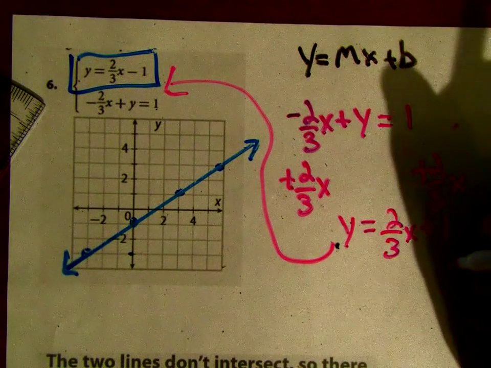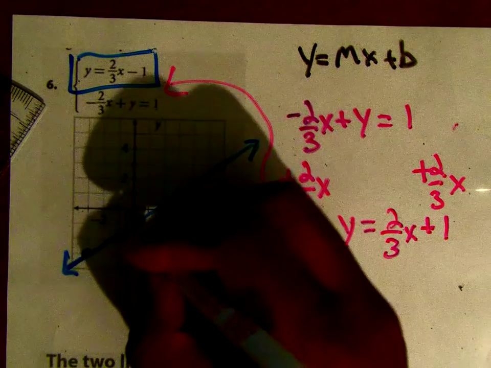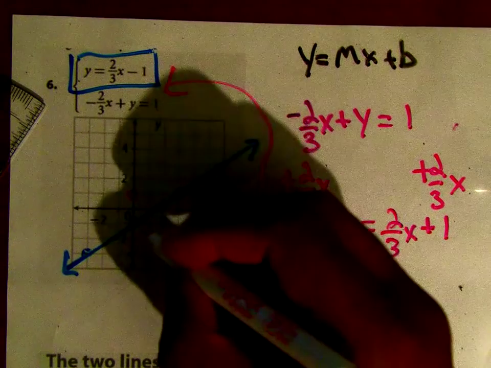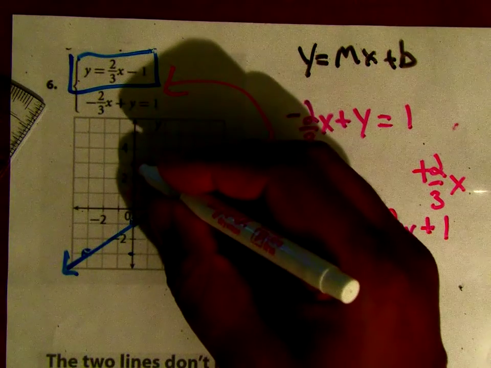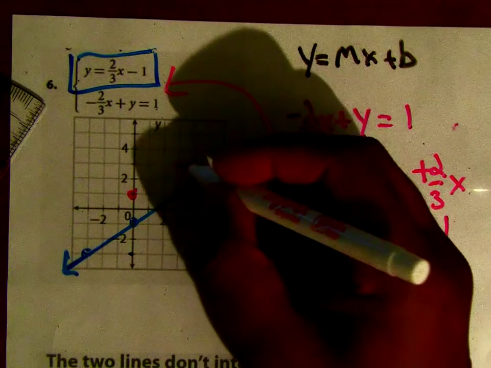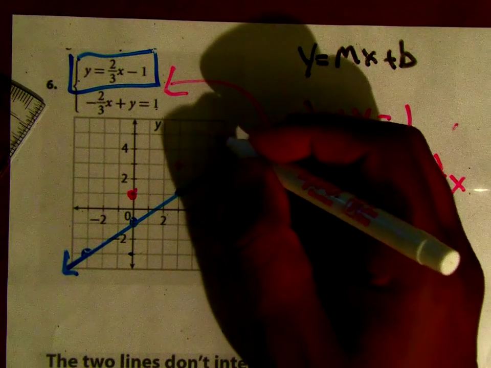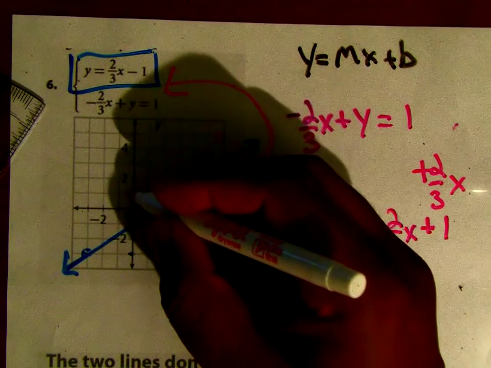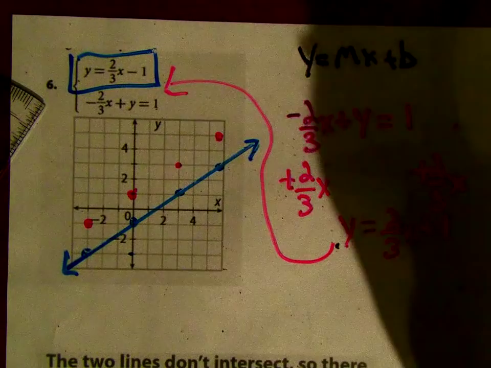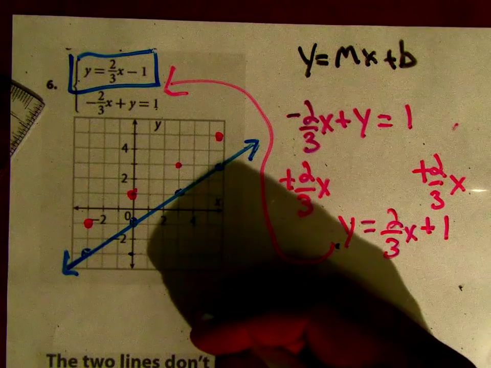So when we get ready to graph it, we'll start at positive 1, and then do the exact same slope. Go up 2 and over 3, or go back 2, down 2, and to the left 3. And we get this line.